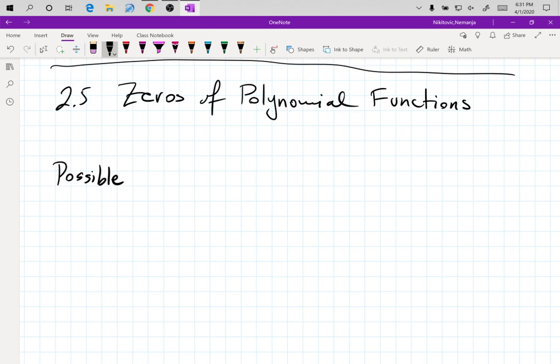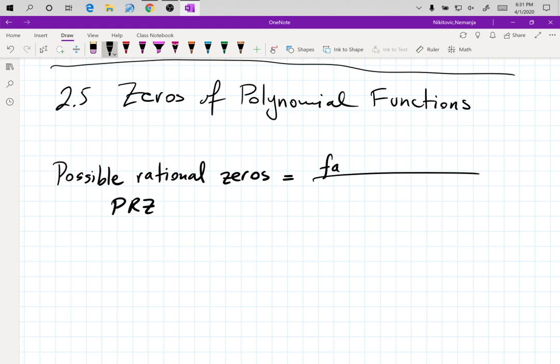Possible rational zeros, also known as PRZs in my case. It's going to be factors of a0 divided by factors of an.